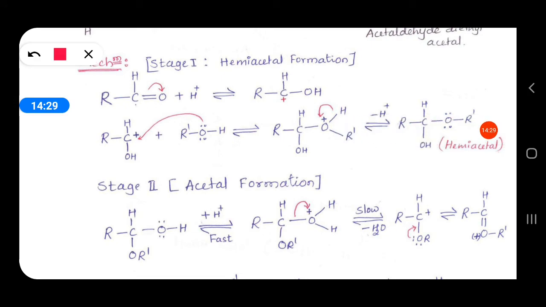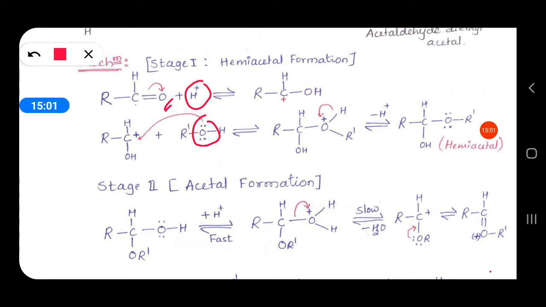So the carbonyl oxygen is protonated: H plus reacts with O minus, so that a C plus carbocation is formed. This carbocation reacts with oxygen. The oxygen, having two lone pairs of electrons, is an electron rich species, and it reacts with the electron deficient carbocation and forms a new carbon-oxygen bond.